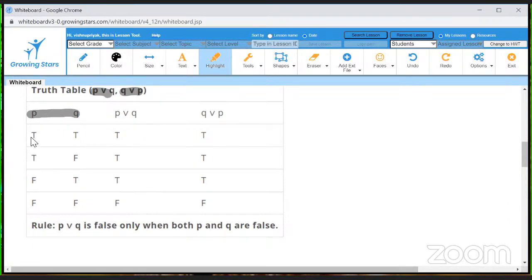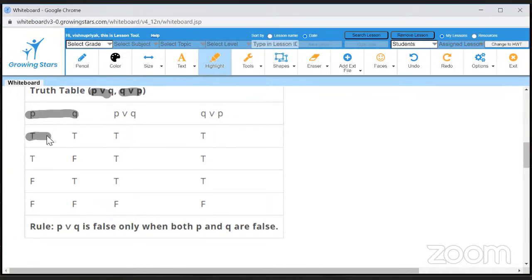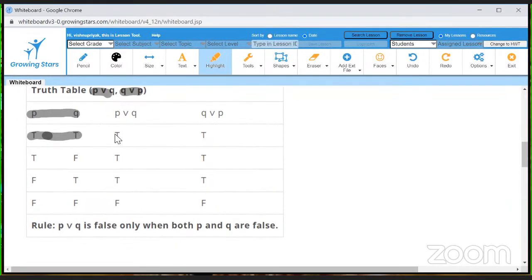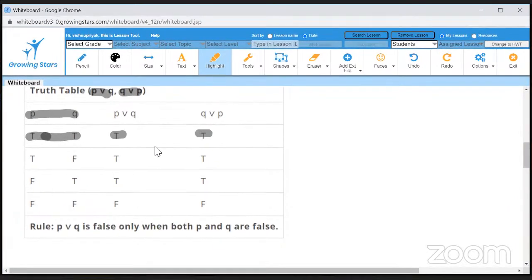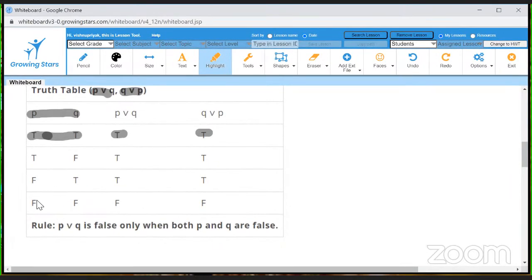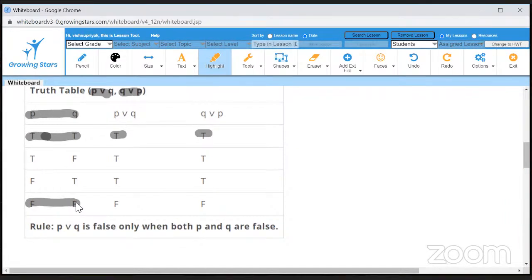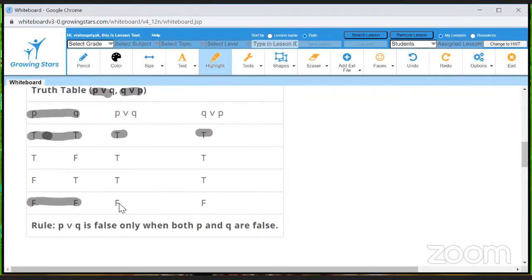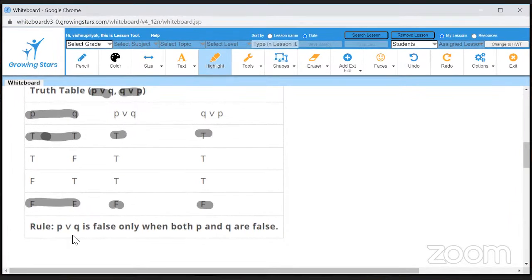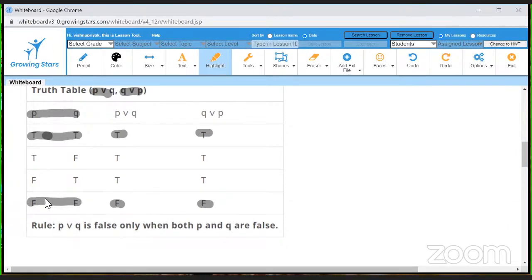If both P, Q are true, then P or Q will be true, Q or P will be true. If both P, Q are false, P or Q will be false, Q or P will be false.